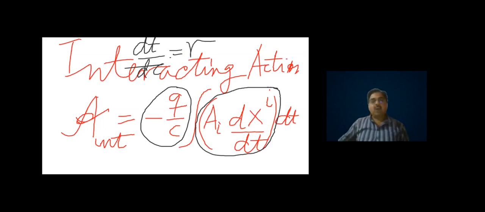So if dt by d tau is gamma, then we can write dt as gamma d tau, and then we can write gamma d tau here in its place, okay? So I use this in the expression below, gamma d tau.